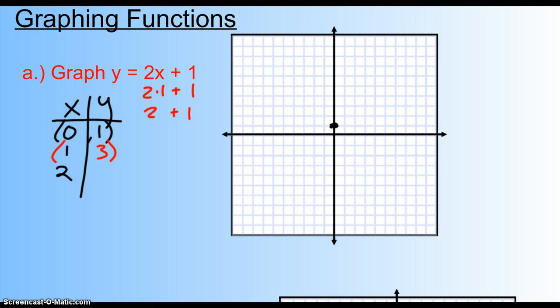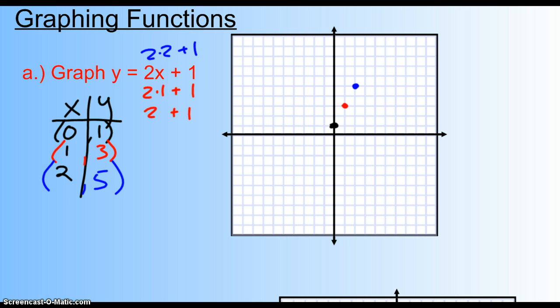So 1, 3 is a point. So over 1, up 3. There's that point. And then lastly, I can plug in 2, and I get 2 times 2 plus 1, or 4 plus 1, which is 5. So 2, 5. Right here.